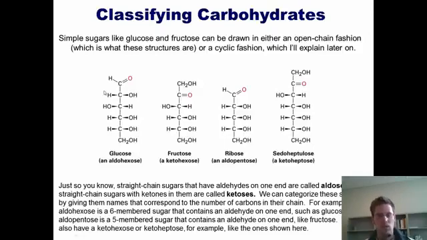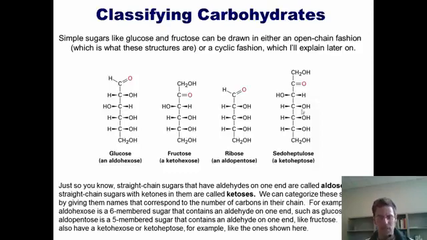Just so you know, straight chain sugars that have aldehydes on one end, like glucose or ribose shown here, are called aldoses. And straight chain sugars with ketones in them, like fructose shown here, or acetoheptulose shown here, are called ketoses.